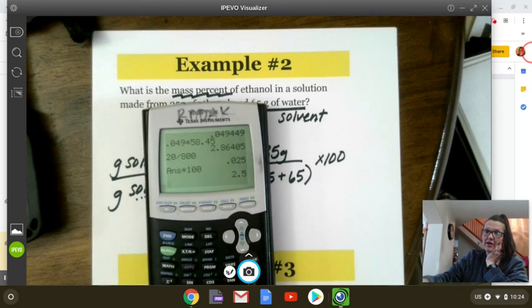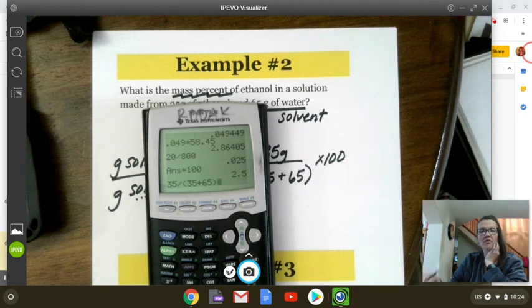Now I'm going to show you how I would put this in my calculator. I would do 35 divided, and then I'm going to put those parentheses in there. Divided by 35, the mass of the solute, plus 65, which is the mass of the solvent, the water. So I put that in, careful with my parentheses, and I get 0.35.